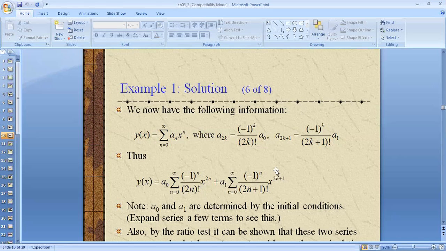This is the actual solution by the power series method, and we solved a second order differential equation by the series method.